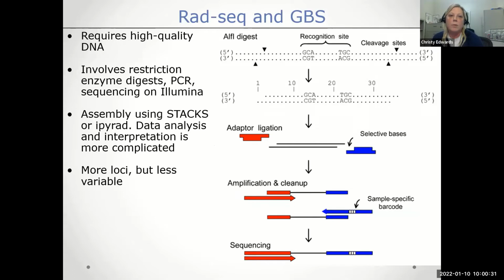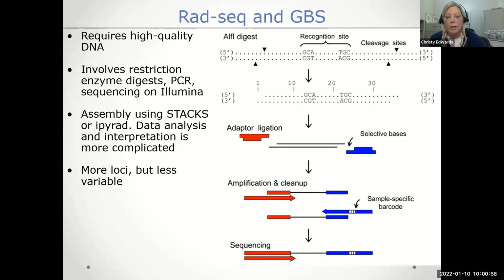Okay, the other type of marker is Rad-seq or GBS. Rad-seq stands for restriction associated DNA sequencing, and GBS is genotyping by sequencing. This is an approach where you take high quality DNA and then you digest it using restriction enzymes. And then it usually involves a ligation of adapters onto the sticky ends left by the restriction enzyme.